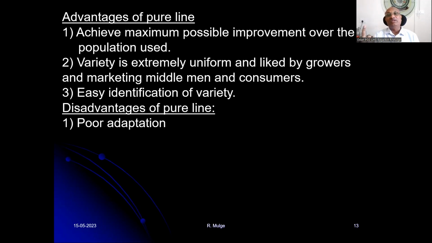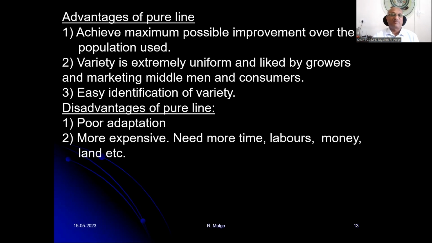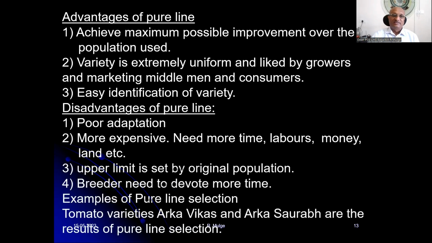It's only one genotype. If more genotypes are there, at least a few can adapt, like the product of your mass selection and other methods. It is more expensive because it needs more time, labor, money, and land compared to some other methods. Then the upper limit is set by the original population, the foundation stock, whatever is there. The breeder needs to devote more time because individual plants are selected by the breeder through visual observations.